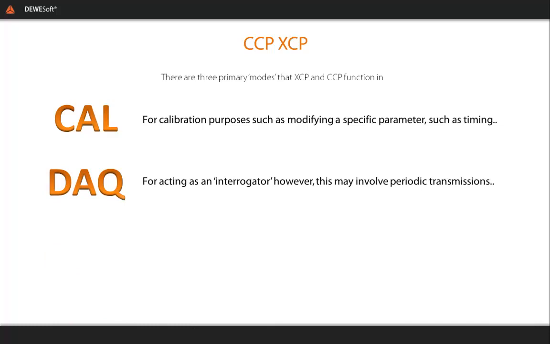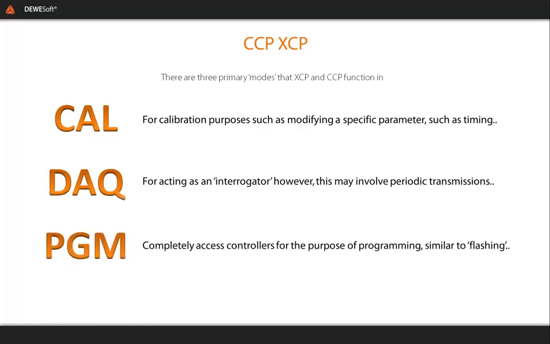DAC, our typical place of interest, is where we can either periodically request a piece of information that is located in potentially a dedicated memory location on a controller, or it may be that we actually instructed the controller to make it available at that location. And finally, we may have defined a set of specific parameters to be made available from a specific location and followed on with a command that told it that that set of information should be broadcasted periodically, and then we merely listen out for it.